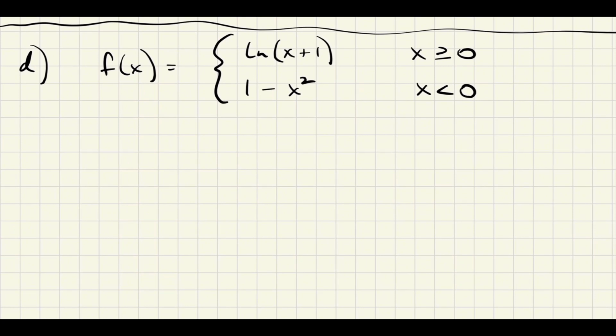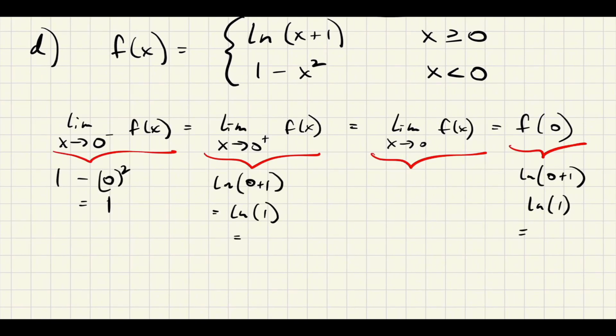So this one's a natural log. Natural log on top, quadratic on the bottom. The first one from the left, you plug it into the bottom, you get 1, because 1 minus 0 squared is 1.